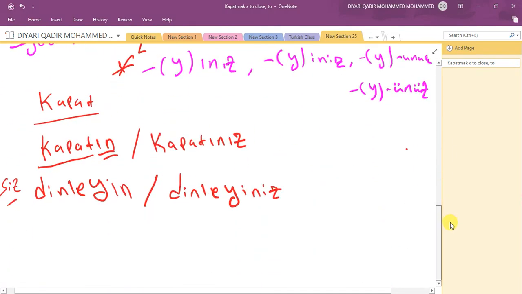So all the other words are like that. Just be careful about this. In kapat, since the word didn't end with a vowel, we just directly used the suffix without a buffer, without any extra letters. But here, since it ended with a vowel, two vowels cannot come beside each other. That's why you have to add a buffer.